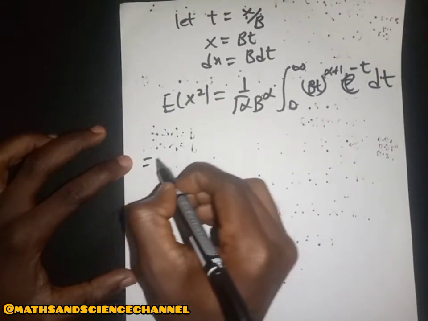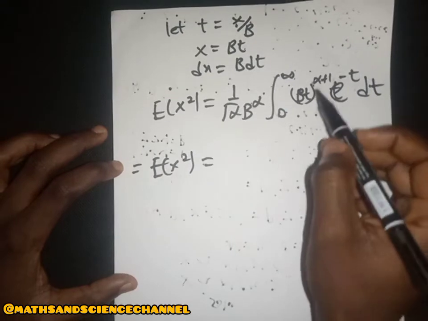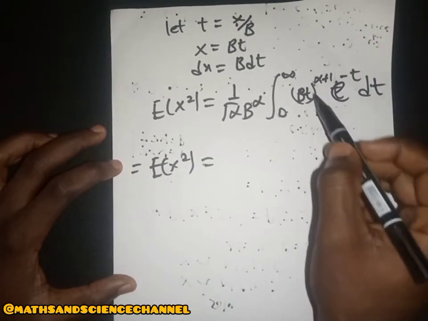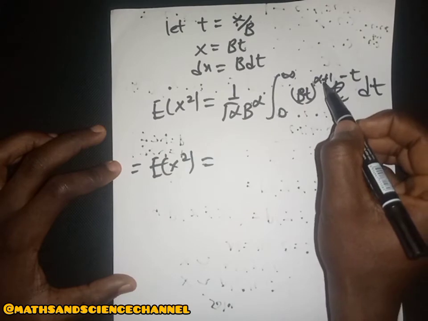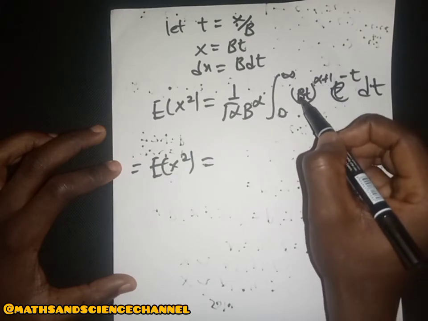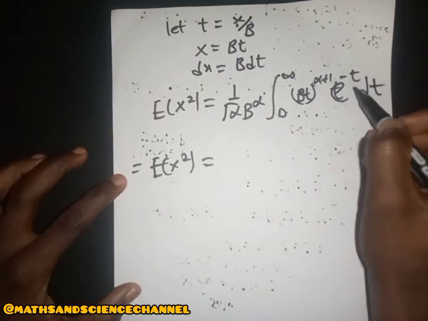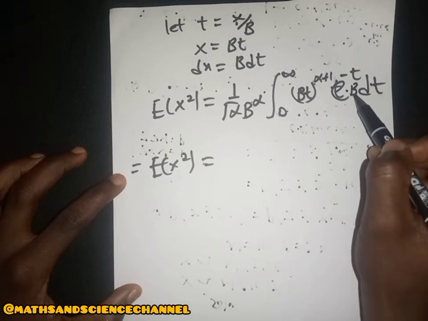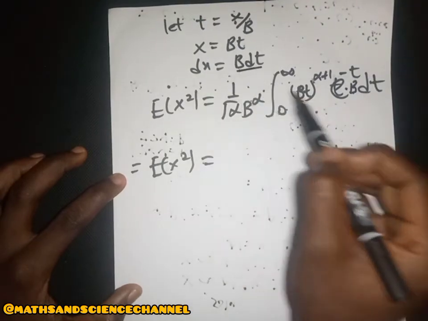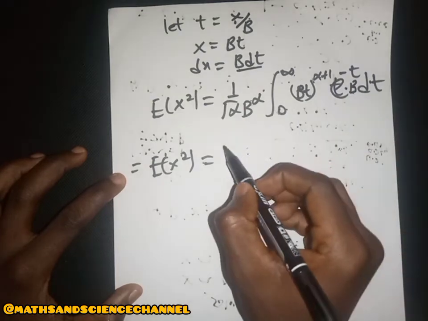All right, so from here what we are going to do is just bring this one out, beta. But then remember it is b multiplied by b, because the x here is just b dt, which we can see over here is b dt. So from here we can just bring this one out, which is the beta here.